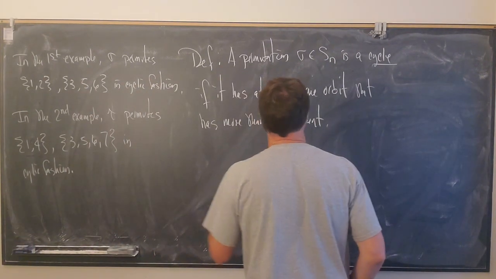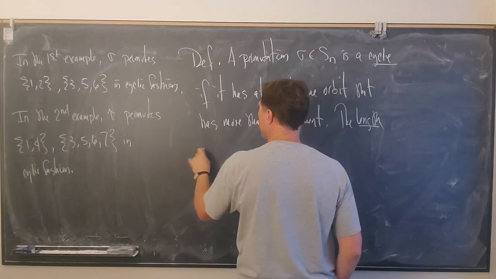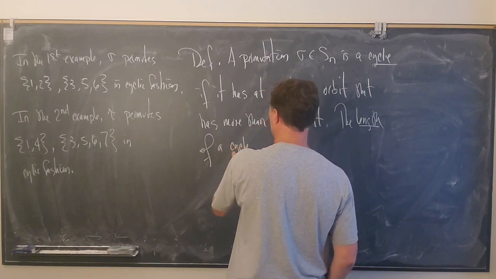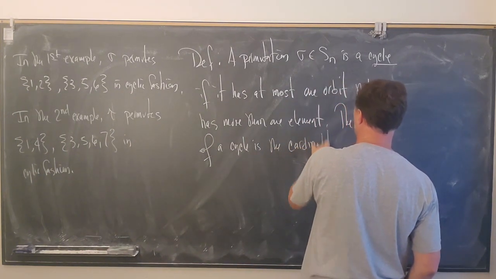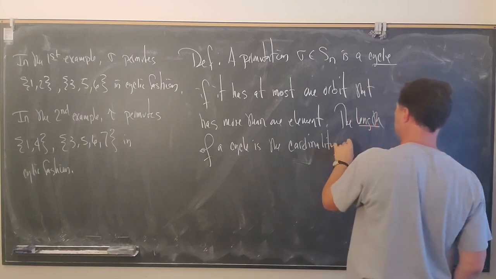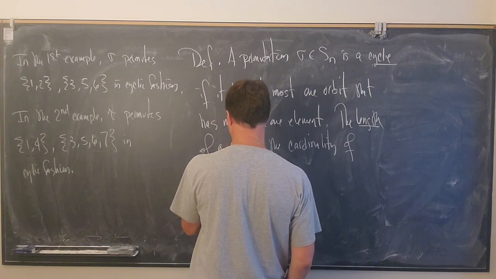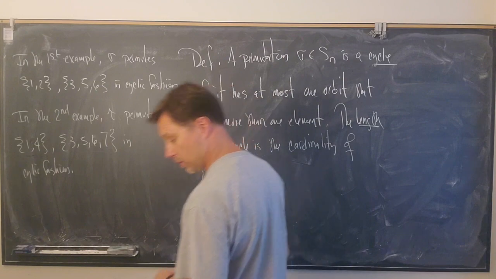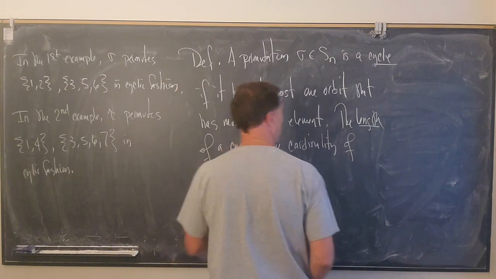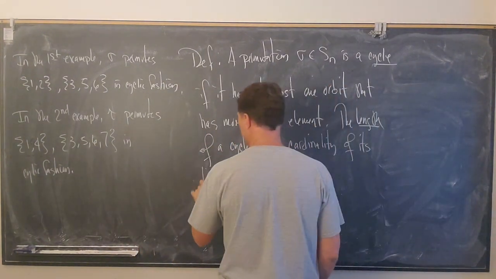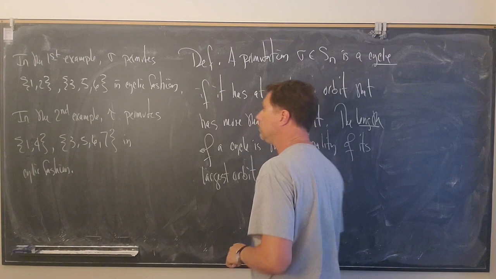Okay, and I guess continue with this definition. So the length of a cycle is the cardinality of the orbit, I guess I could say the cardinality of its largest orbit.